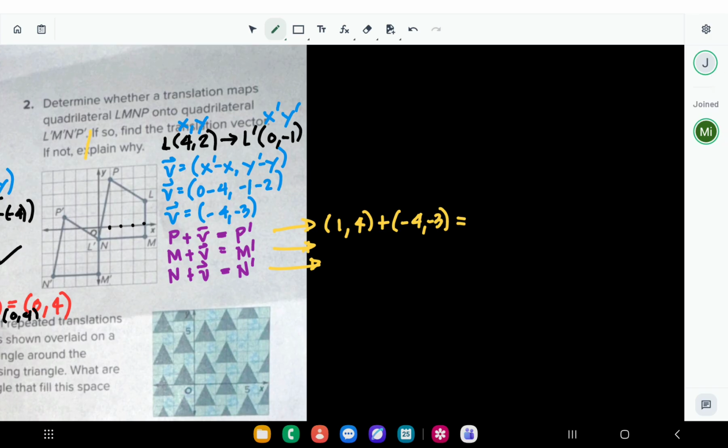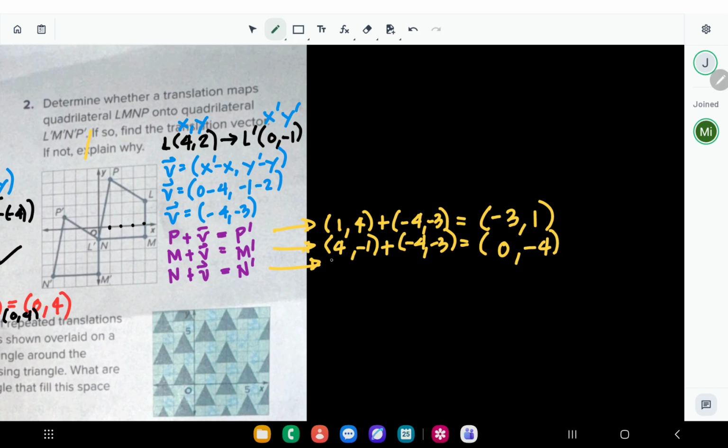Negative 3, 1. Okay, negative 3, 1. And then for M, point M is 4, negative 1 plus negative 4, negative 3. Then what is M prime? 0, negative 4.